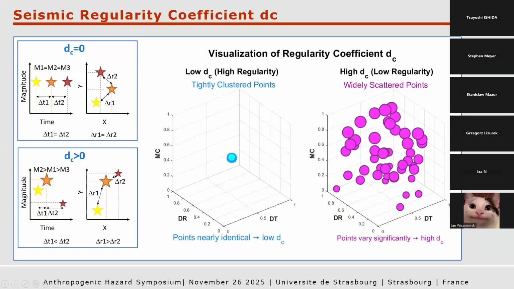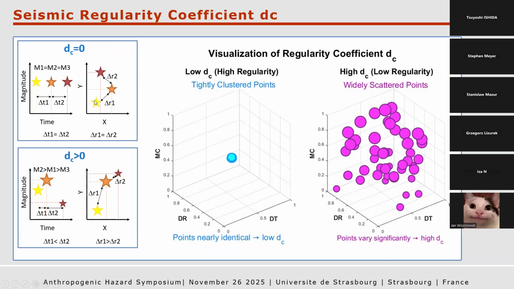And now I would like to explain a little more what this parameter exactly means, because this is not so intuitive. So let's look at the left side of this diagram. In the upper part, you have a seismic regularity parameter, which is equal to 0. What does it mean? It means that all earthquakes have the same size.